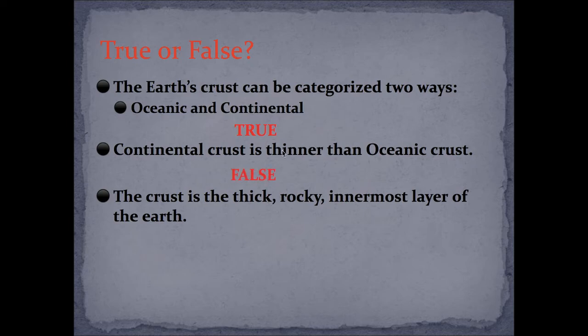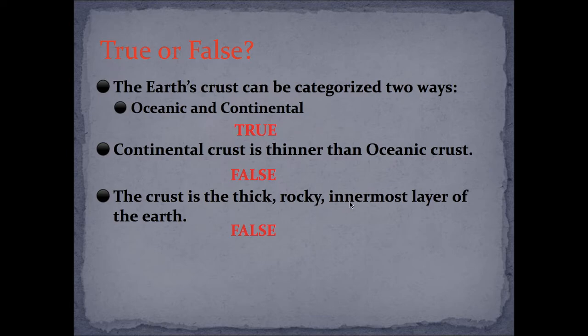You would have to switch these words, oceanic crust is thinner, or you could change this word to thicker. Continental crust is thicker than oceanic crust. And lastly, the crust is the thick, rocky, innermost layer of the Earth. That's false, because the crust is thin and it's outside. It's the outer layer, okay?